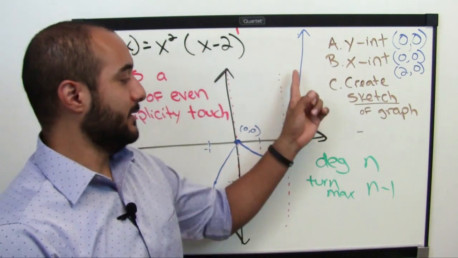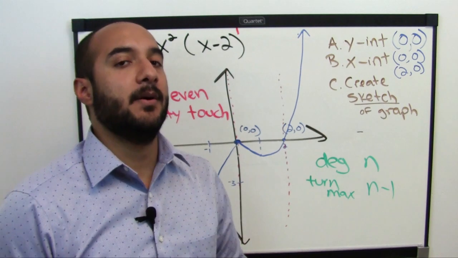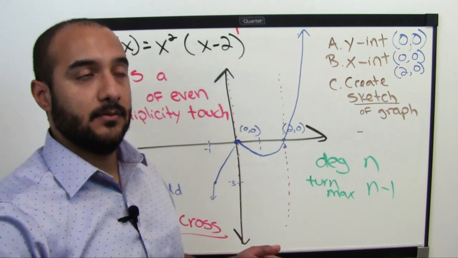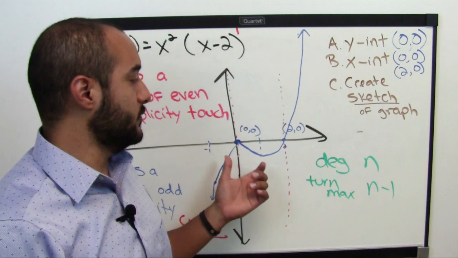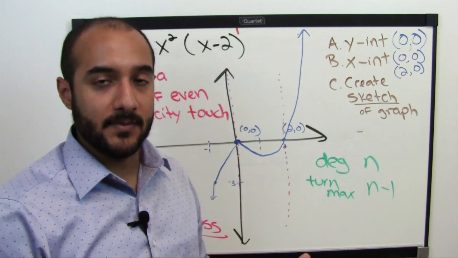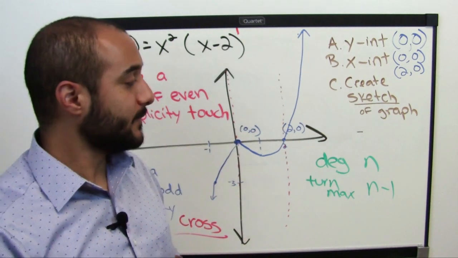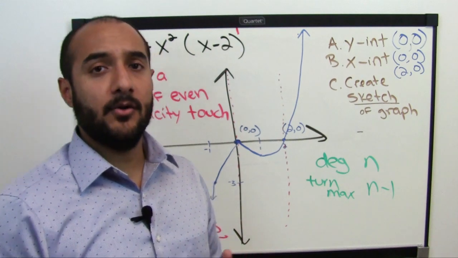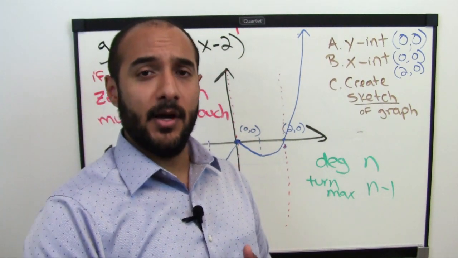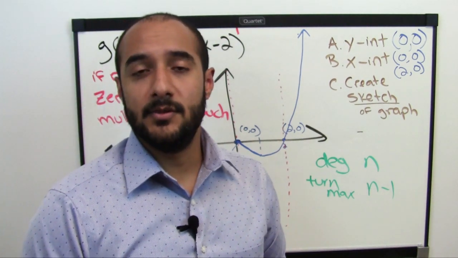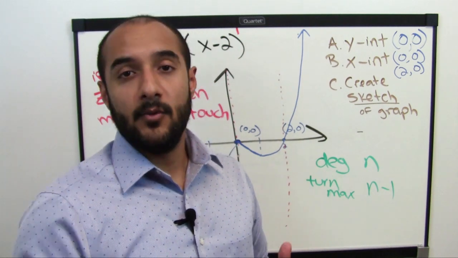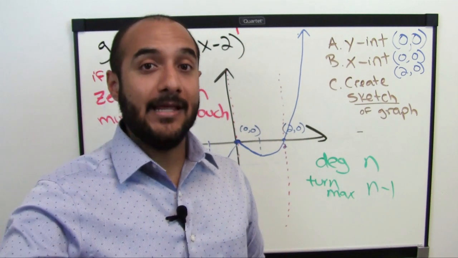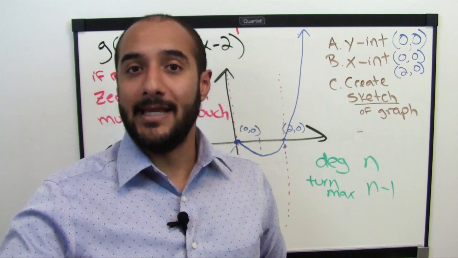So here we had a third degree polynomial. The maximum amount of turns is 3 minus 1, which is 2. So it can turn at most 2 times. It cannot turn more than that. Even if they ask you about a 99 degree polynomial, how many times could it turn? Well, the maximum would be 98.